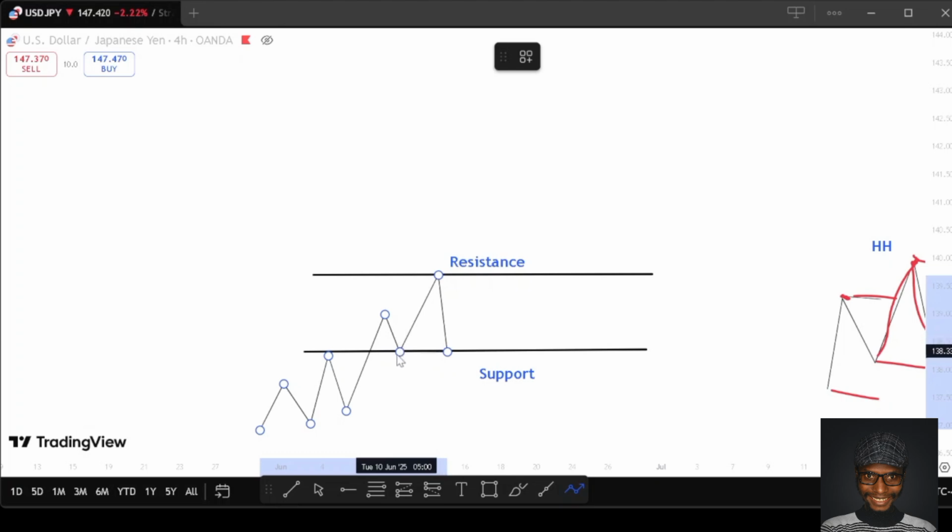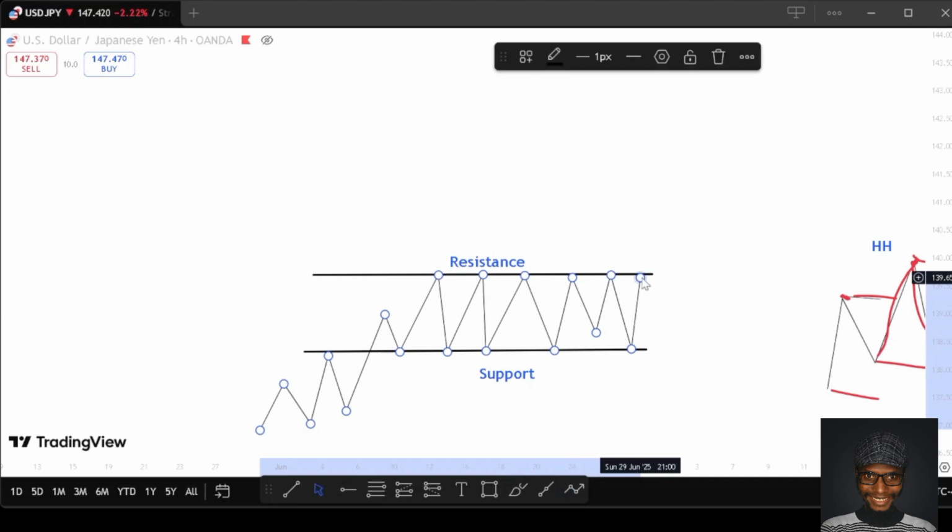Instead of breaking past this previous higher high, it still respects the resistance again, and the same thing happens multiple times: respect support, respect resistance, respect support, respect resistance.